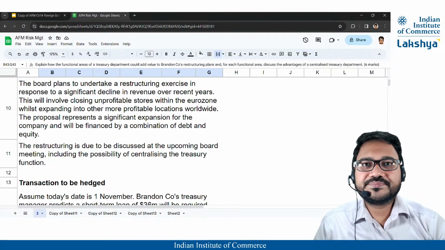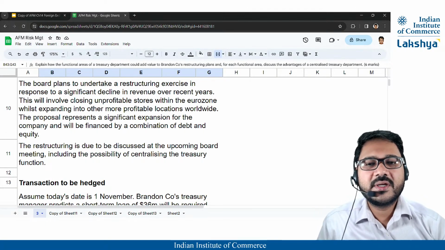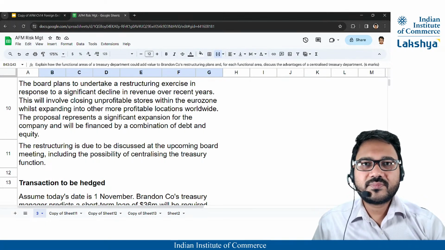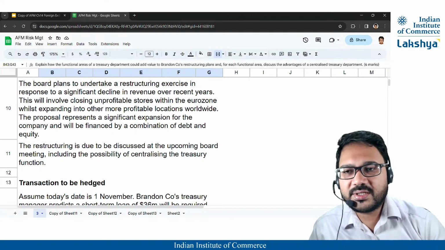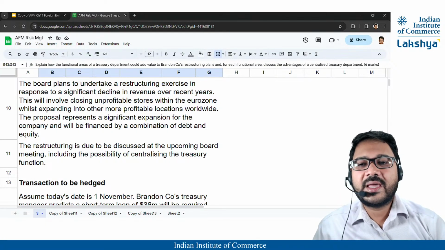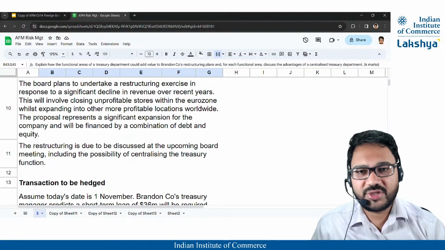So a plan has been proposed that certain stores are not profitable, their revenues are declining, so they plan on shutting those down and instead expand beyond the Eurozone, which basically means they are now going to get exposed to foreign exchange risk, because they are planning to go worldwide into more profitable locations. So they would need that expertise of hedging foreign exchange.